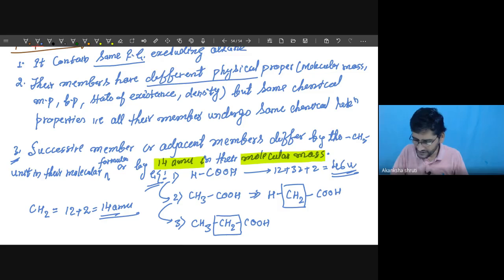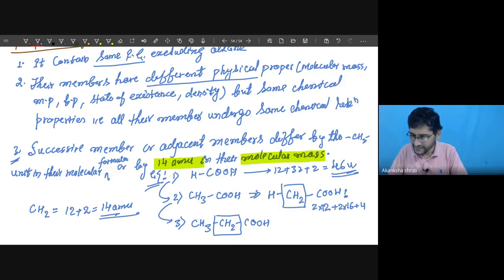Now coming to this, what is the molecular mass of this? The formula is CH3COOH, you may write like this: 2 carbon, so 2 into 12, plus oxygen is also 2 into 16. Now hydrogen is total 3 plus 1, 4 hydrogen.